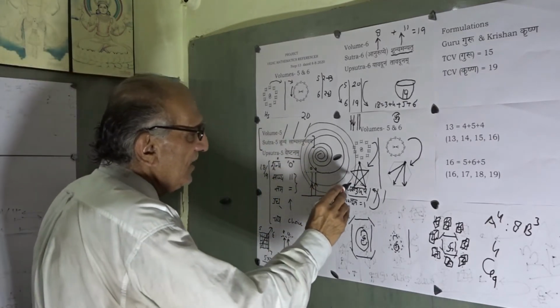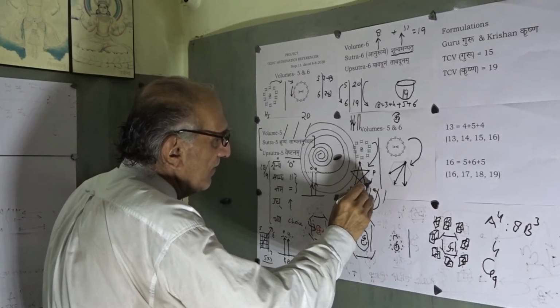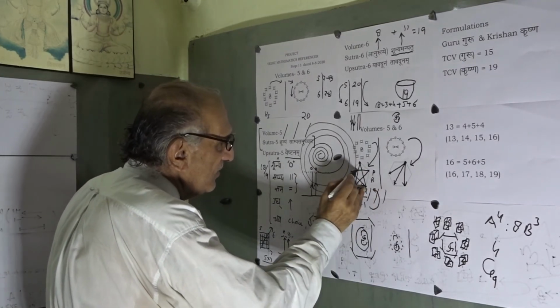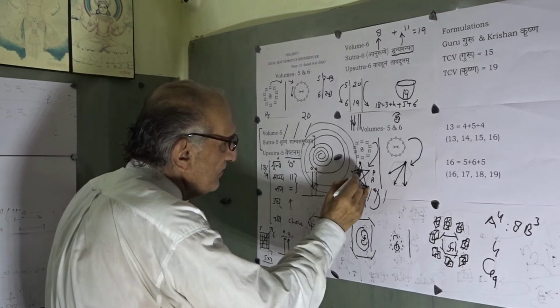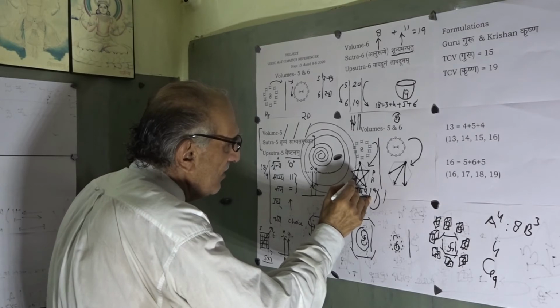Here we'll see that the outer pentagon is having an inner pentagon, that the internal diagonals of the pentagon are not intersecting.